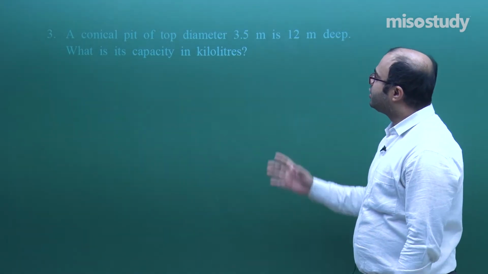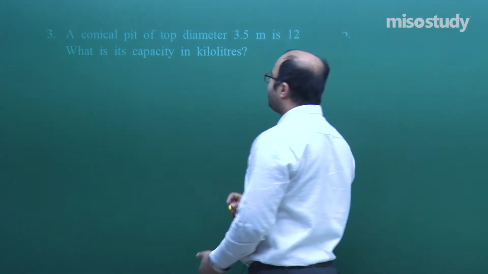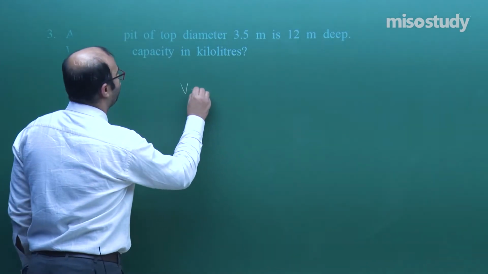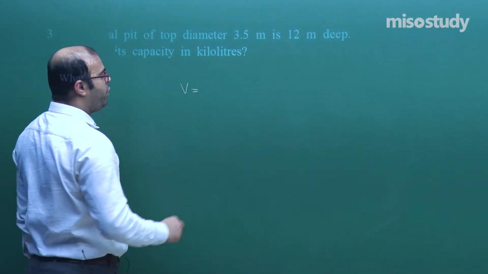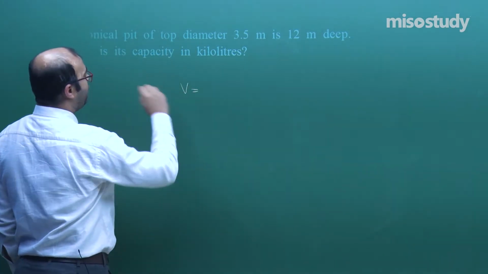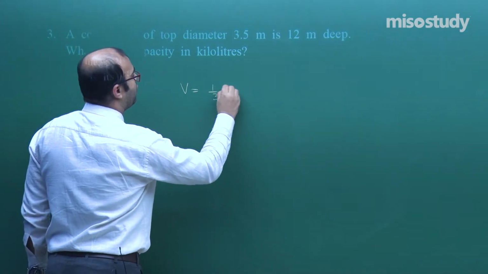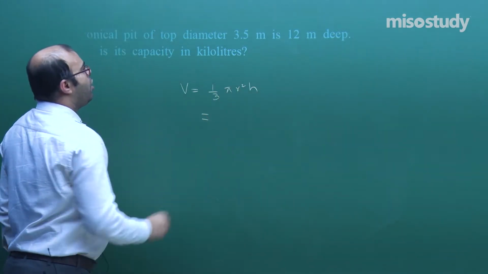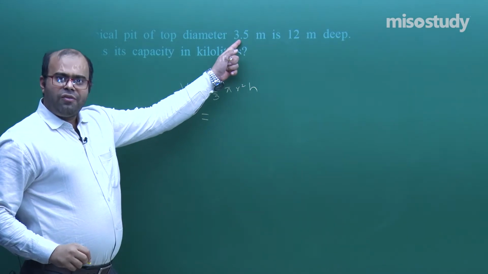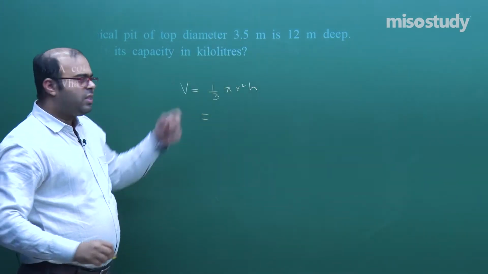Let us see that. First, let us calculate the volume in meters cube. The volume of a conical pit is 1 by 3 pi r square h. Now, the radius is 3.5 divided by 2, because 3.5 is the diameter.